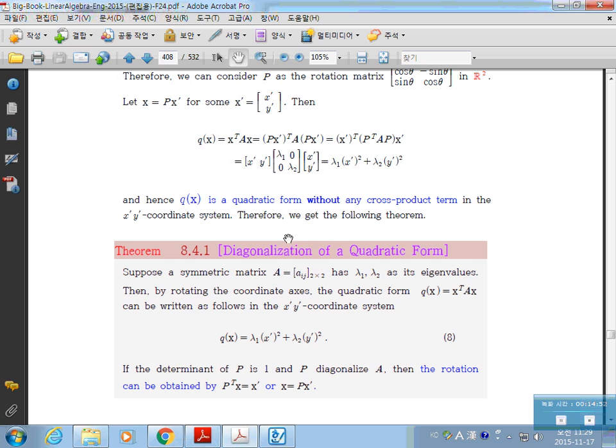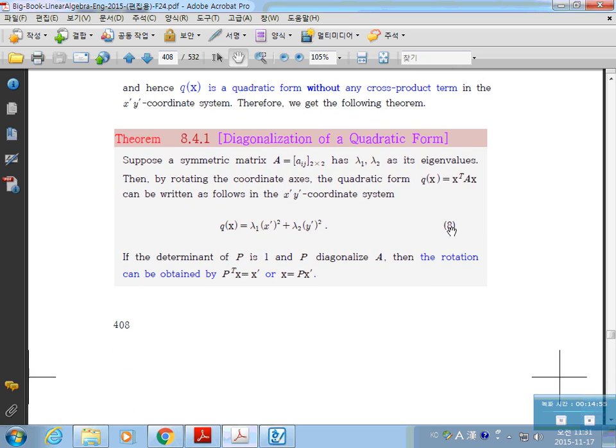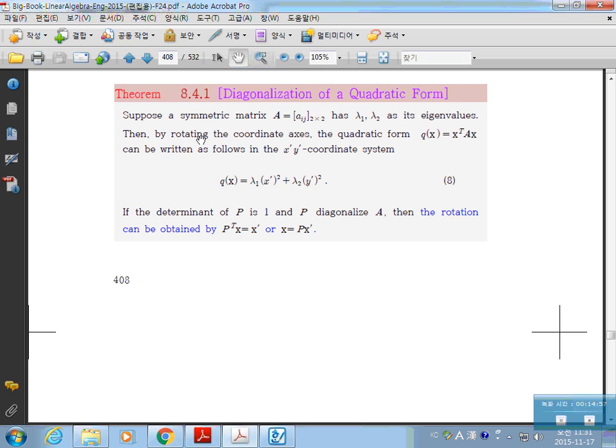That gives the following theorem. Diagonalization of a quadratic form, theorem 8.4.1. Suppose A is a symmetric 2 by 2 matrix and has 2 eigenvalues, lambda 1 and lambda 2. Then by rotating the coordinate axes, the quadratic form can be rewritten as follows in the new X prime, Y prime coordinate system.